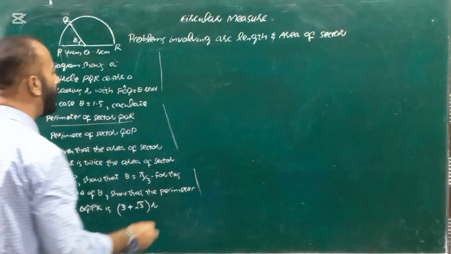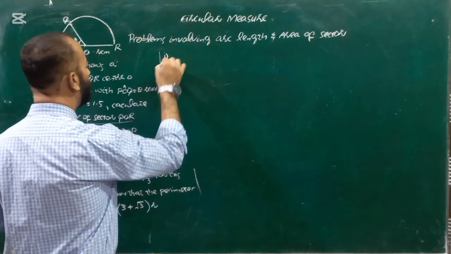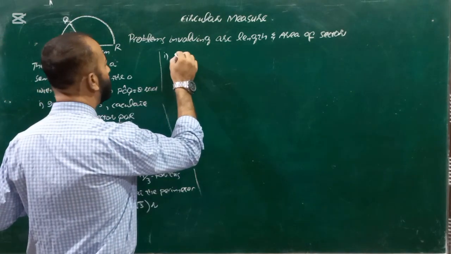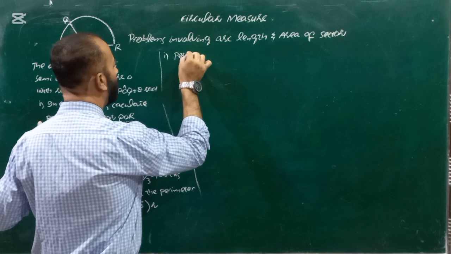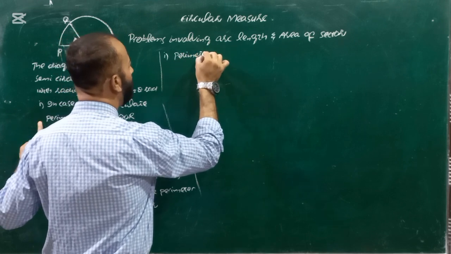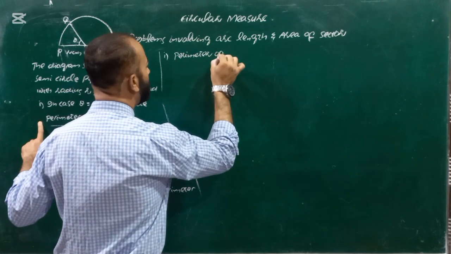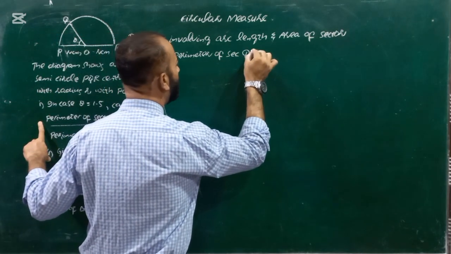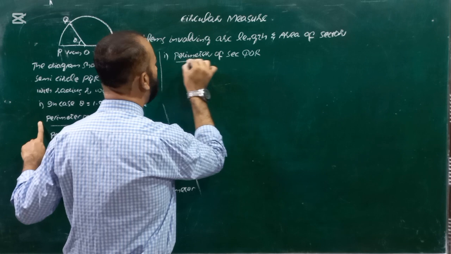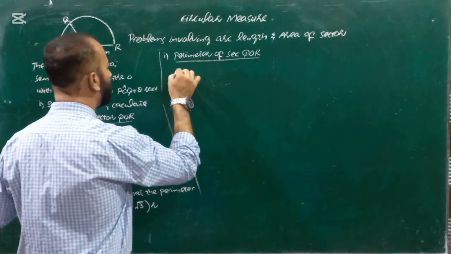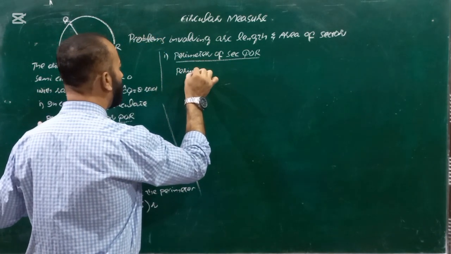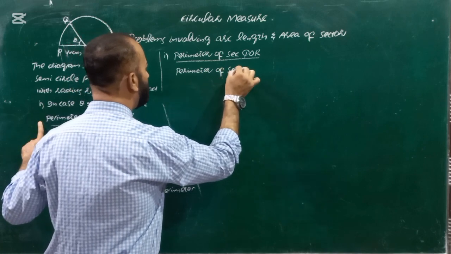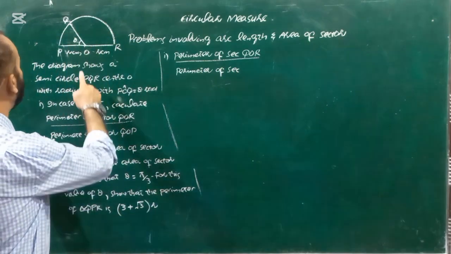Okay, so look now, first part, perimeter of sector QOR over perimeter of sector QOP.